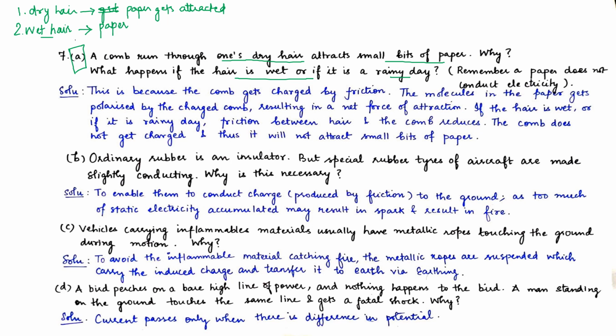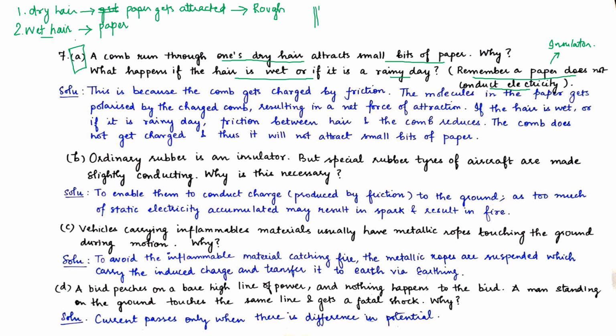Now the thing which they reminded us is that, remember, a paper does not conduct electricity. Paper is an insulator. Paper does not conduct any electricity. Okay, then how is it possible? First thing, when our comb runs through our dry hair, in the dryness there is roughness in the hair, and due to this roughness, when the comb strikes the hair, they will produce frictional forces.